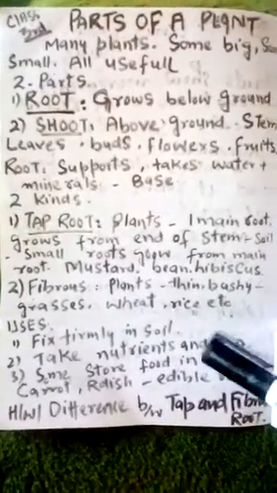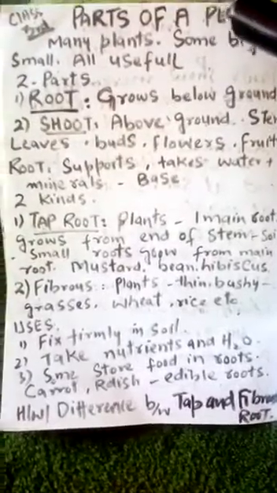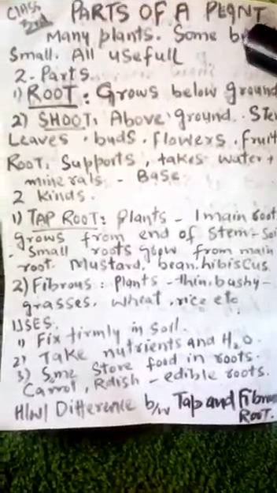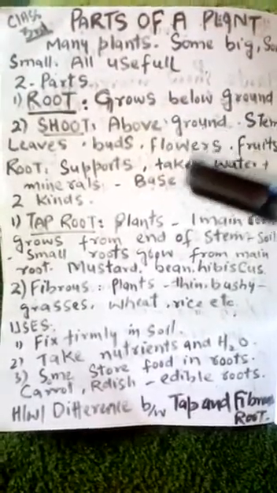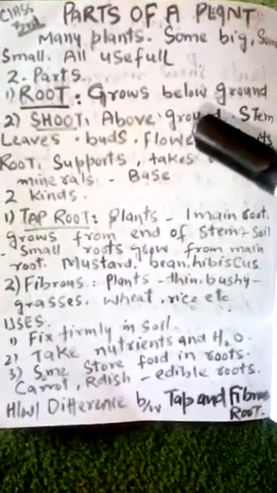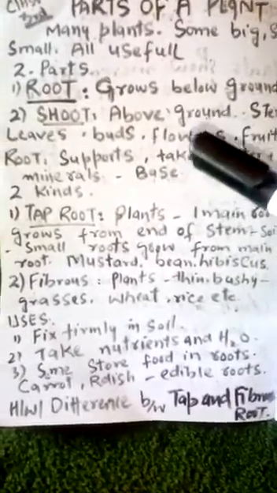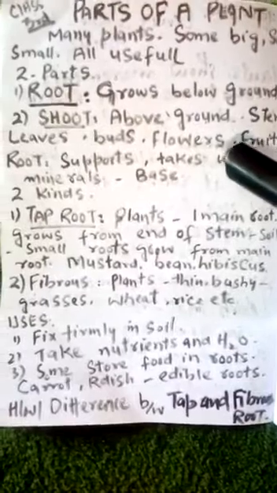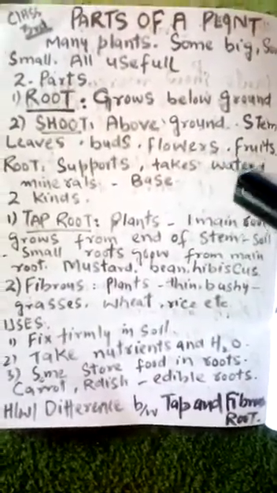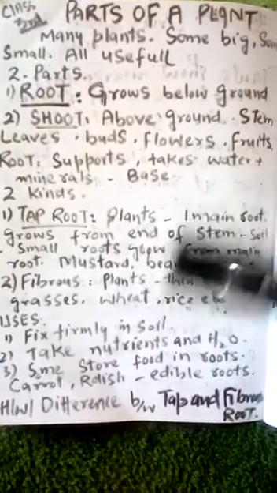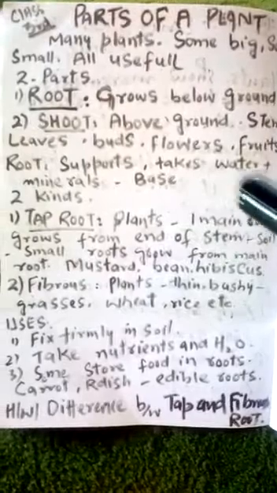So students, this was the introduction of the chapter Parts of a Plant. A plant has two parts, root and shoot. Root is that part that grows below the ground and shoot grows above the ground. It includes stem, leaves, buds, flowers and fruits. Students, root supports the plant and absorbs water and minerals.